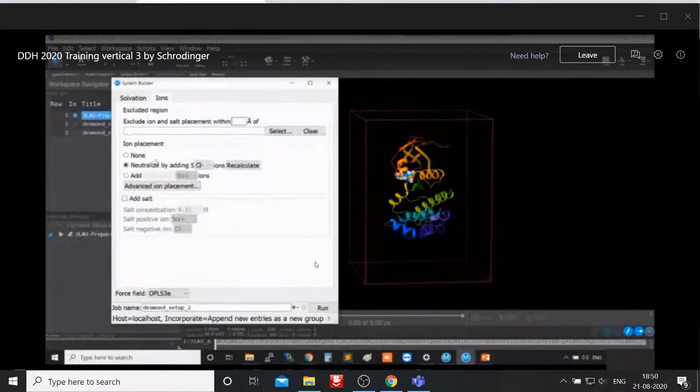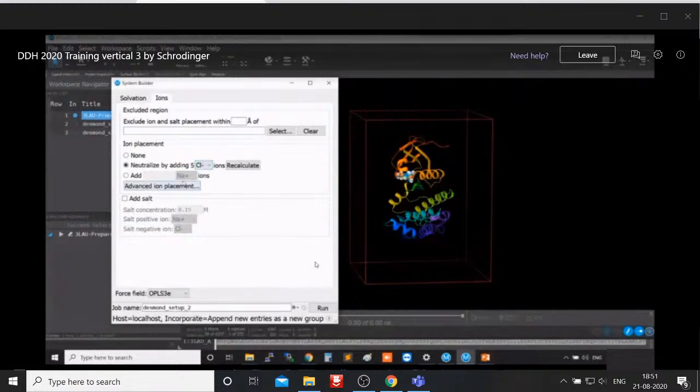Another additional option you will have is ions. That is also automatically calculated, meaning what is the charge of the protein and how many counter ions it requires to neutralize your system. It is automatically calculated and suggested that it requires minus 5, basically 5 negative ions, meaning chloride ions. You can change it to other ions like fluoride, bromide or iodide.